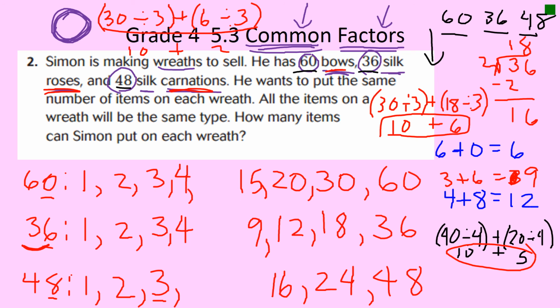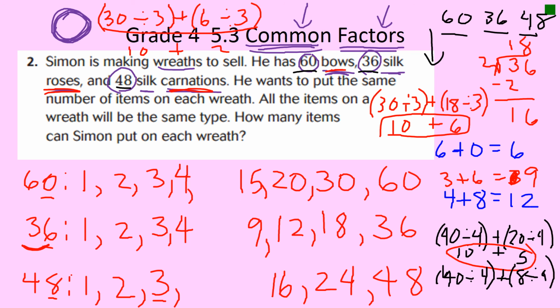All right, now how about 48? Is 4 a factor of 48? I'm going to break that one apart too. Into 40 divided by 4. And what's left? 8. 8 divided by 4.